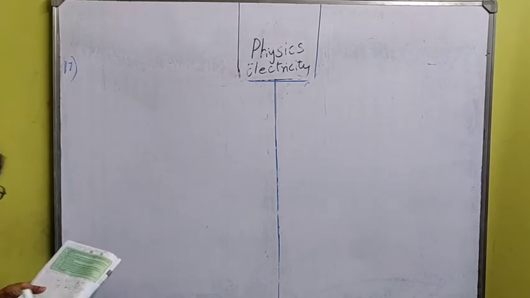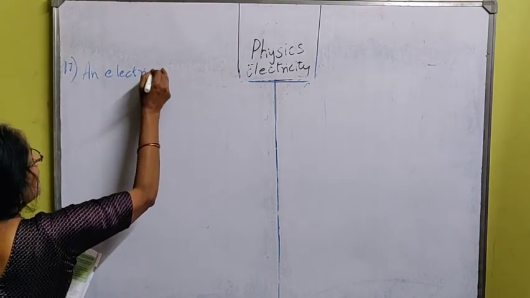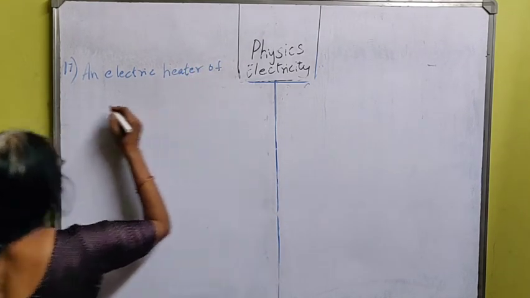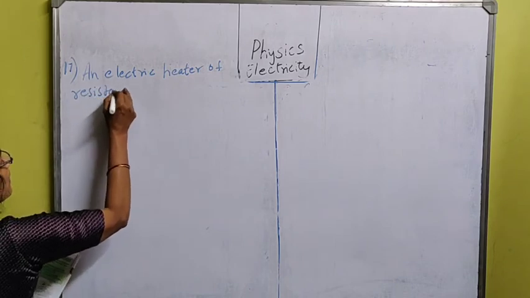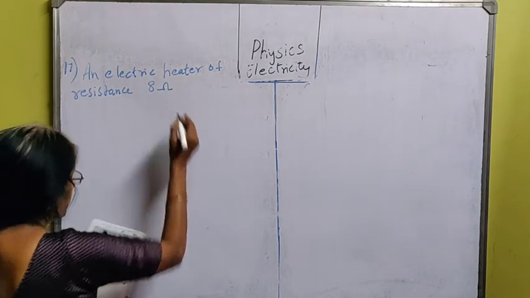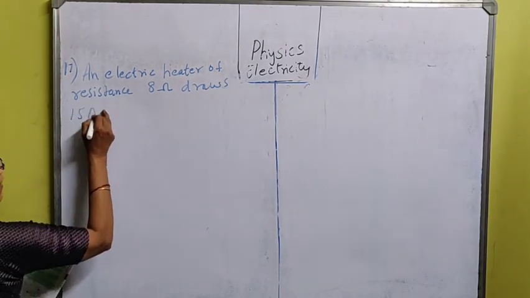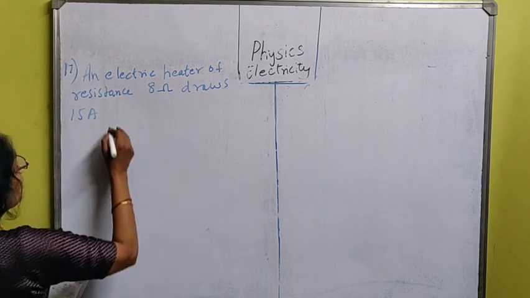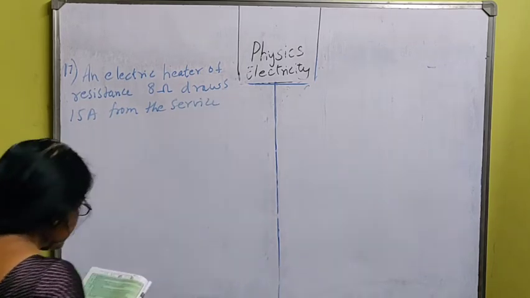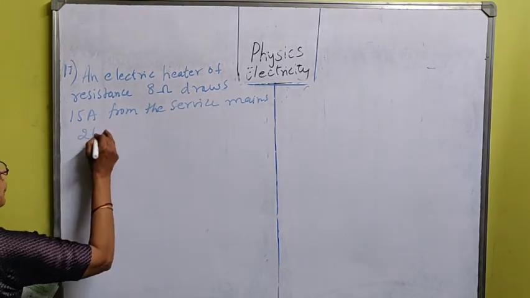Now we will go to sum number 17. What is sum number 17 given? Let us see. An electric heater of resistance 8 ohms draws 15 ampere from the service mains for 2 hours.